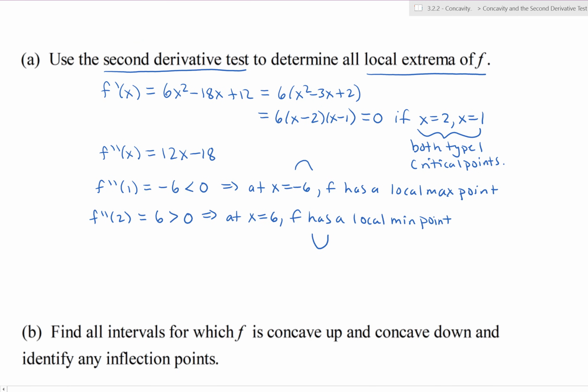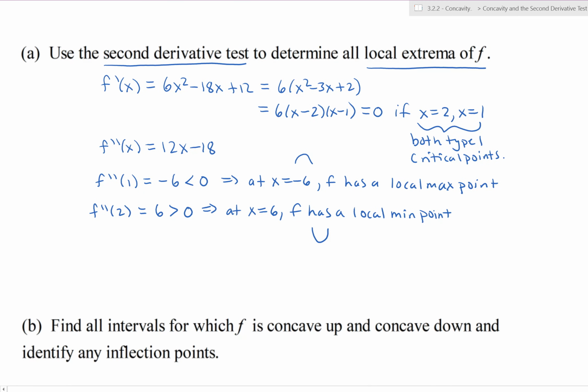Now, the second part of this problem says, let's go ahead and find, while we're at it, all intervals for which the function f is concave up, and also where it's concave down, and also identify any inflection points. So let's go ahead and do that. In order to do that, we must do the sign analysis on the second derivative.